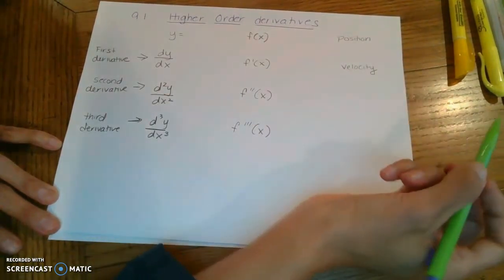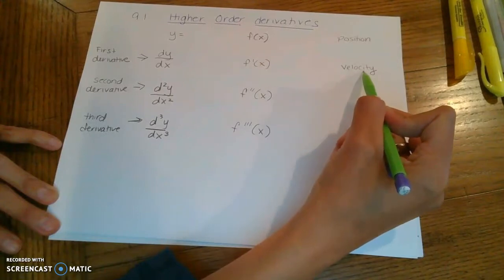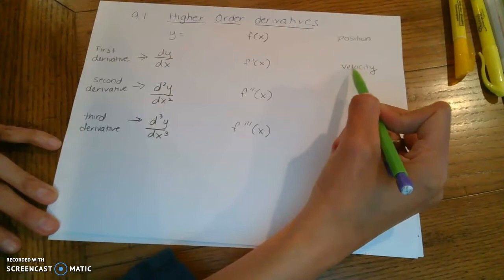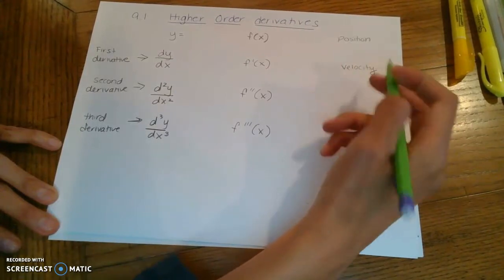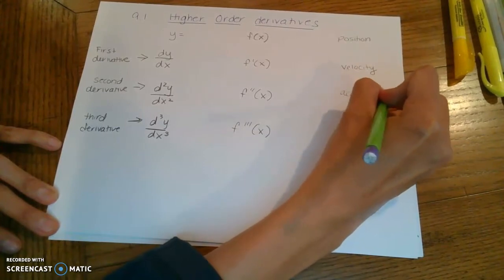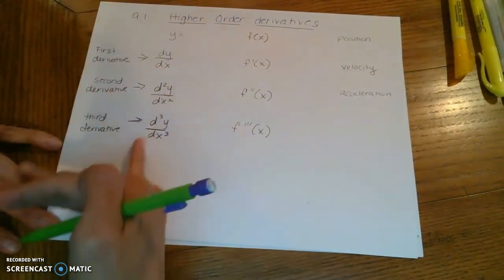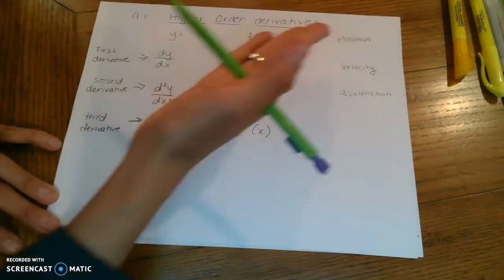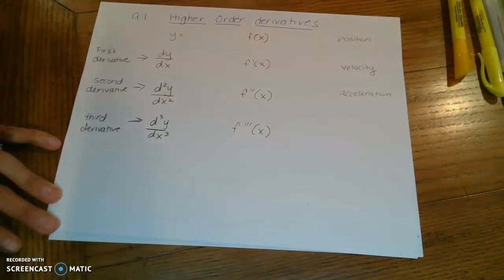For example, if I'm doing 55 miles per hour and then I speed up, I'm changing the rate. That's talking about acceleration. So just so you know, that's why higher order derivatives are really important, because they will eventually represent ideas such as position, velocity, and acceleration, which is a big topic in AP Calc.